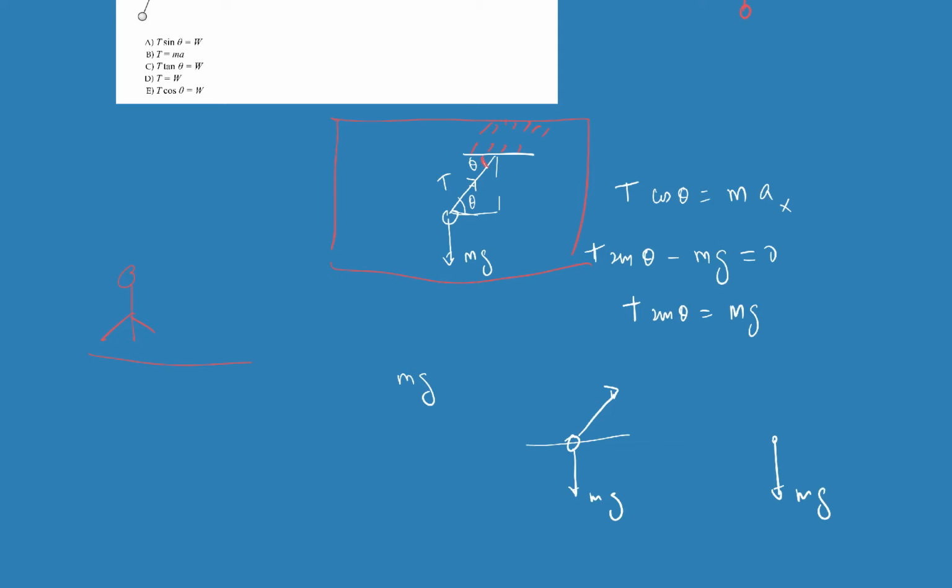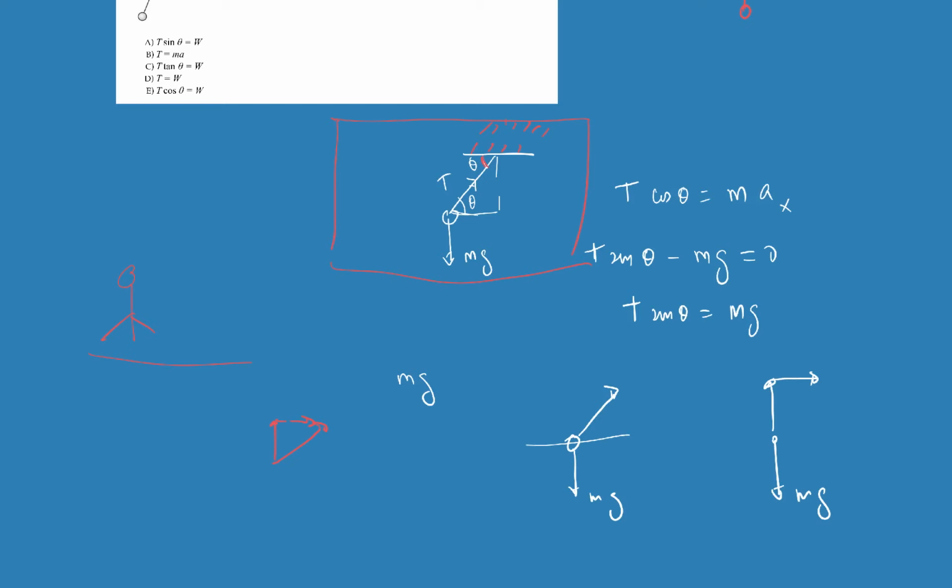This force, the one that is going up, this tension, I will put it here plus here. So this tension will be this force plus a little bit of this force. And this will be the tension T. The two forces that are acting are the tension and the weight.